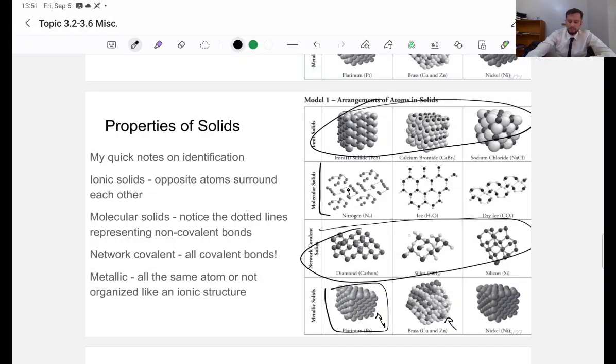And it's not covalent bonds like in the molecular solids having the covalent bonds and intermolecular forces, or in the network covalent solids just having the covalent bonds. It's different than either of those. It's helter-skelter, which is not a super sciencey word, but that's how I would describe it. So those are my little tips for if you're struggling to identify types of solids. But I would first again look at the Bogle.